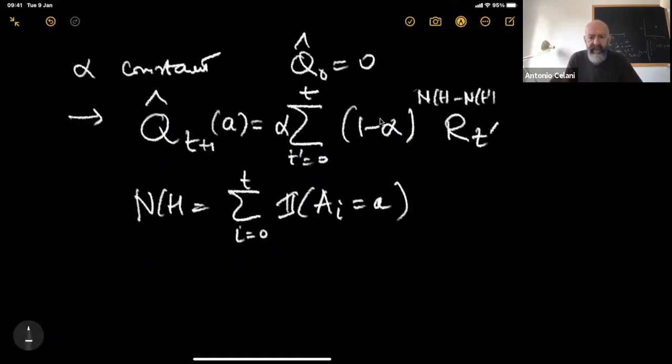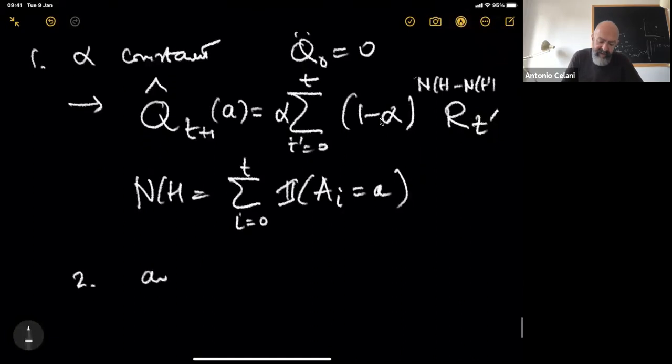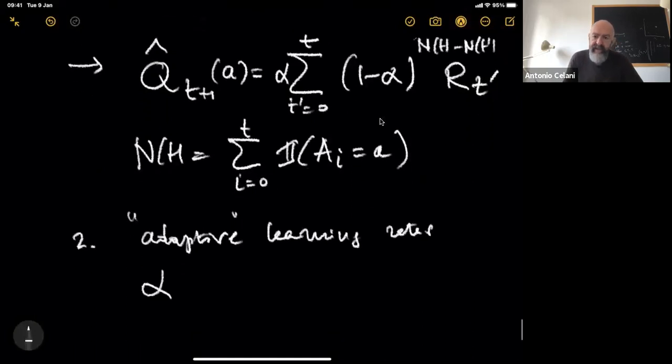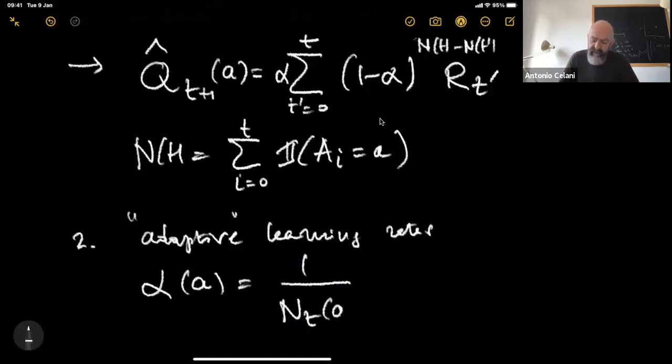And you could also define something slightly different. For instance, you could use adaptive learning rates, adaptive in a very limited sense here. Suppose you define your rate now dependent on the arm, so every arm learns at a different rate. And this rate is 1 over the number of times that you have visited the arm so far plus 1.